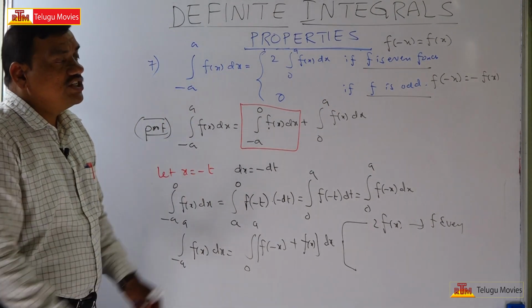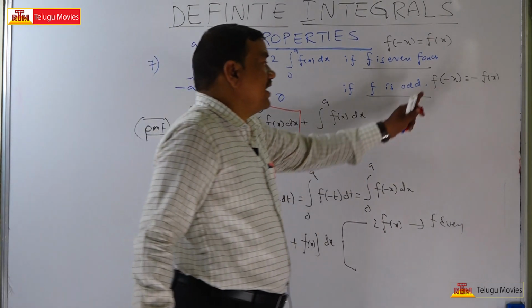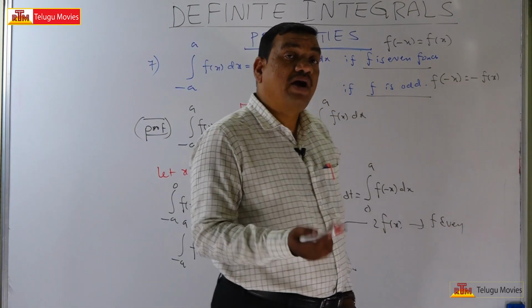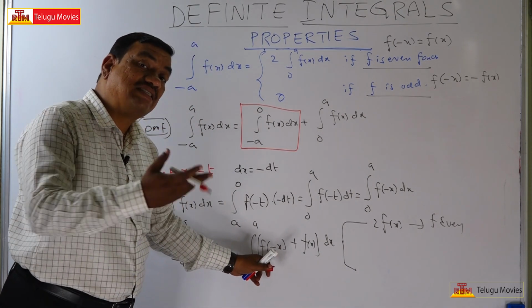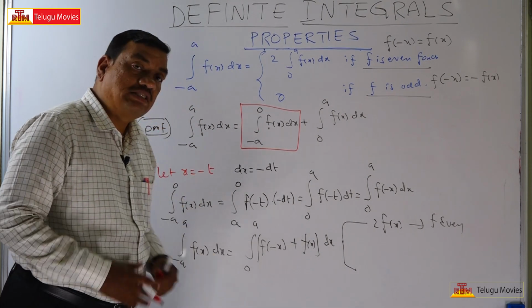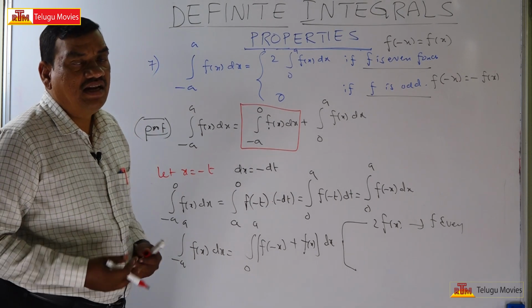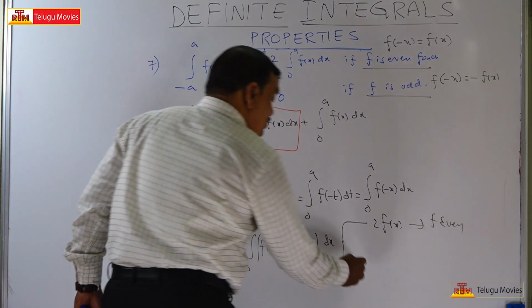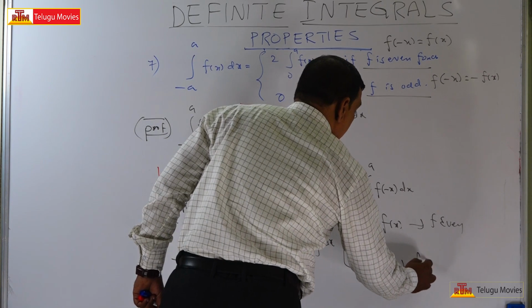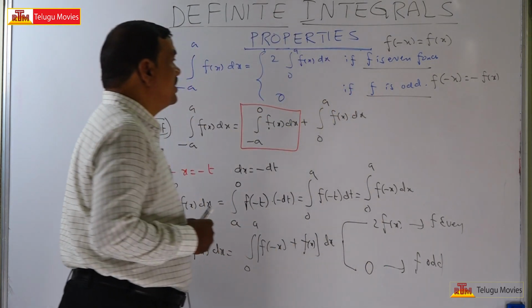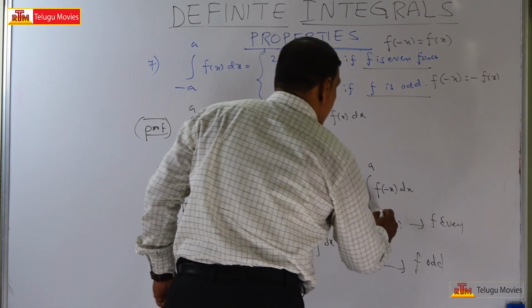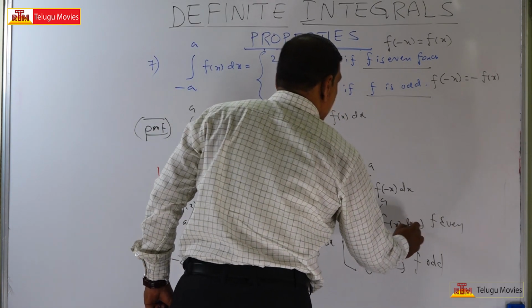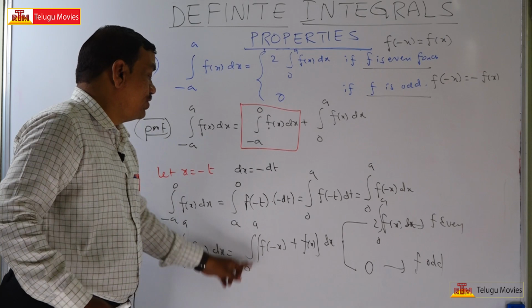If it is an odd function, f(minus x) is equal to minus f(x). In place of f(minus x), put minus f(x). Minus f(x) plus f(x) gets cancelled. The integral of 0 is 0 if f is an odd function. Understand this?